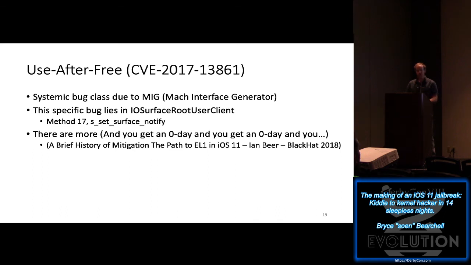And it's a combination of predefined requirements for this MIG interface. If you say, hey, I am going to run a function and it returns an error, you're responsible for cleaning up the memory. If it doesn't return an error, the kernel takes care of it. And so the bug here is that IOSurface user client doesn't properly clean up its memory after it receives an error.